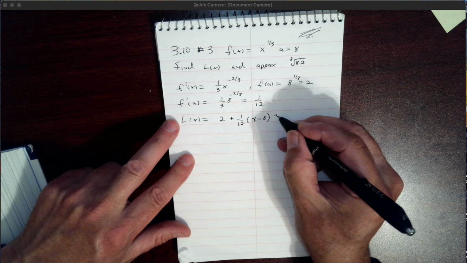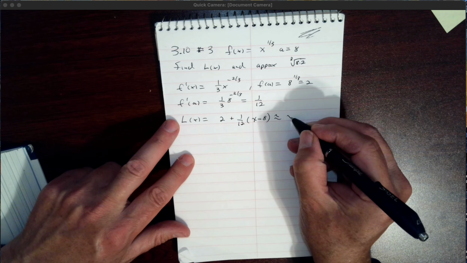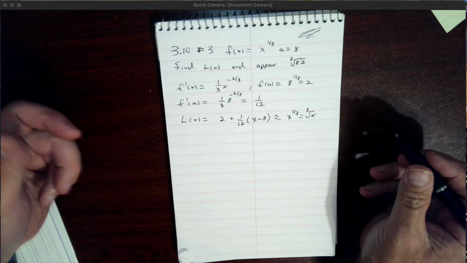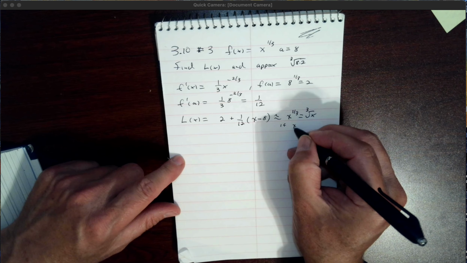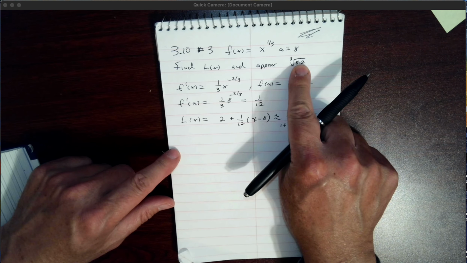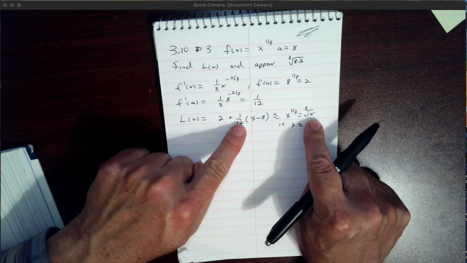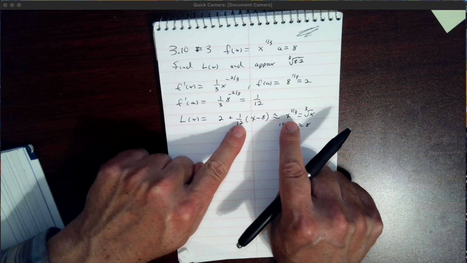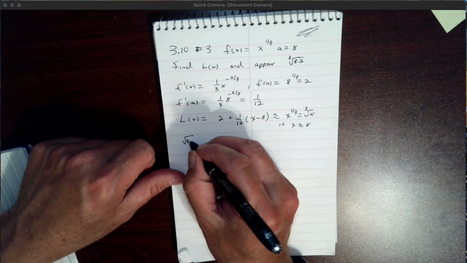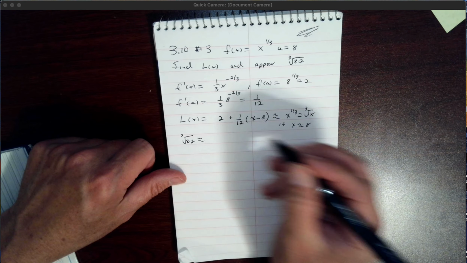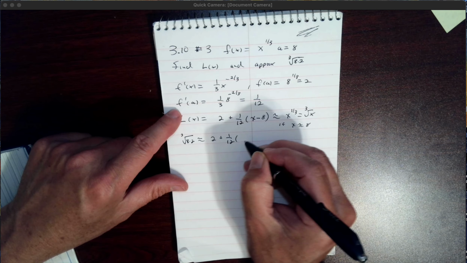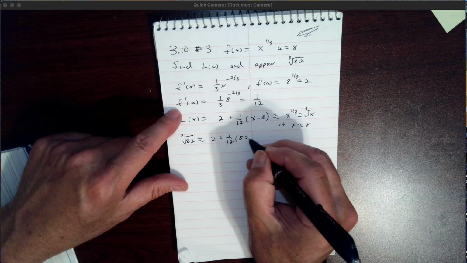So the idea is that this is approximately equal to x to the 1/3 power, which is the cube root, as long as x is approximately 8. 8.2 is approximately 8, so let's just plug in 8.2 into both sides and say that the cube root of 8.2 is approximately equal to 2 plus 1/12 times 8.2 minus 8.